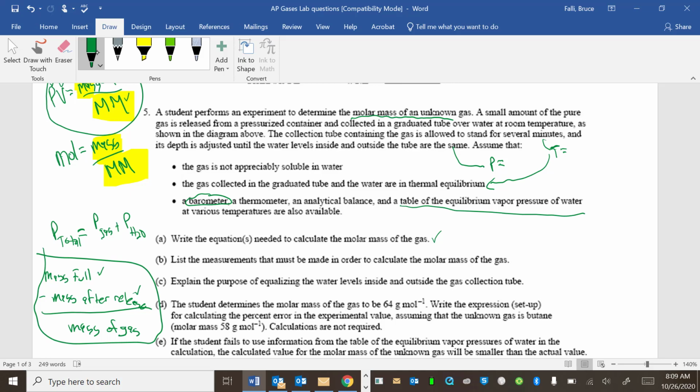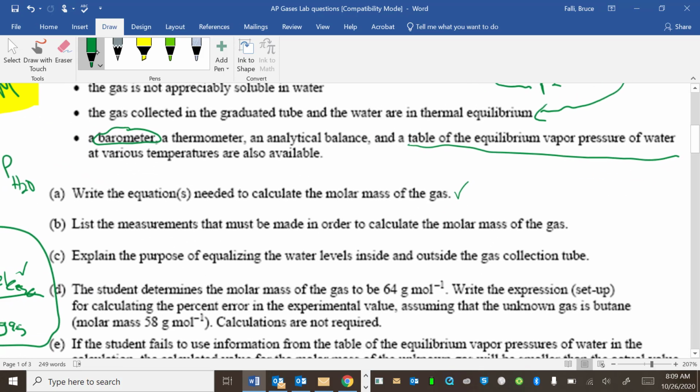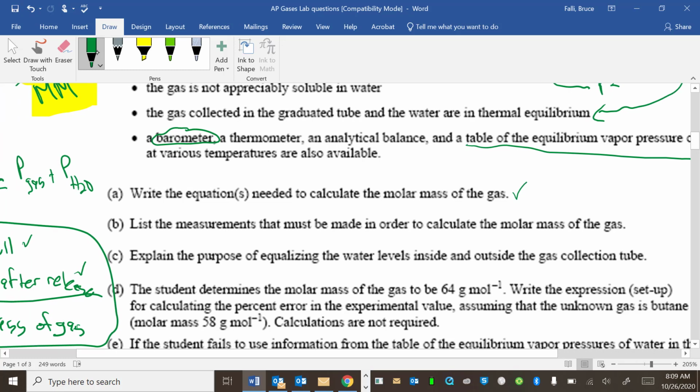Explain the purpose of equalizing the water levels inside and outside the gas collection tube.